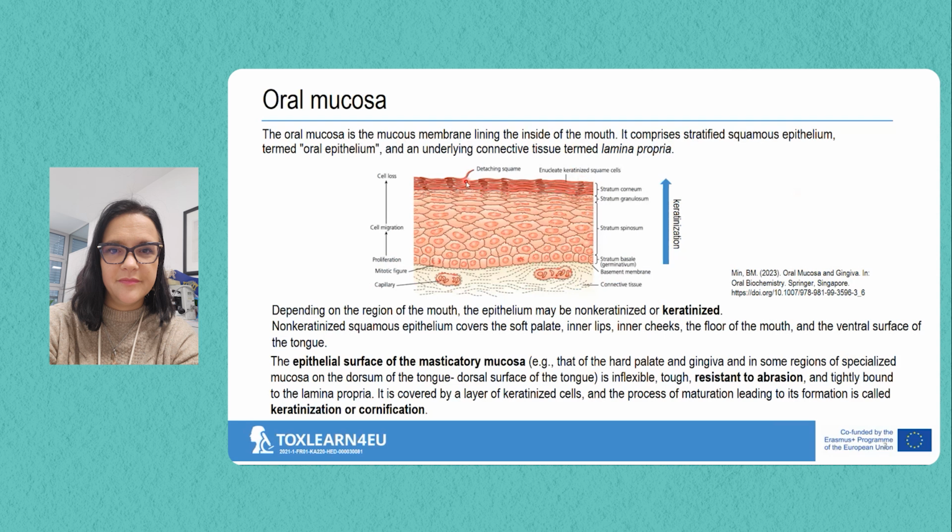In order to make those cells more resistant to abrasion, they are passing a process that is called keratinization or cornification. So how does this process happen? It happens from the connective tissue. There is a small layer of basal cells, and those basal cells are the only ones that can divide or make new cells.